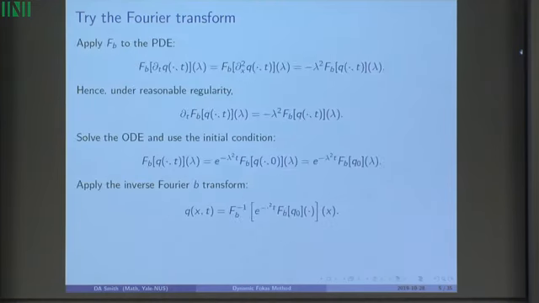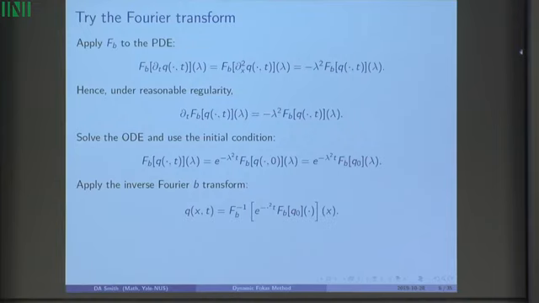So how does that work? To remind you, you apply the Fourier B transform to your PDE, and turn the spatial derivative into multiplication by minus lambda squared using that diagonalization result. Then, provided you're working with something that isn't too horribly rough, you can take your time derivative outside, and then you have an ODE which you can solve.